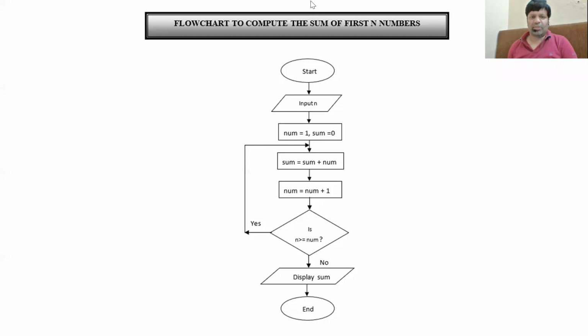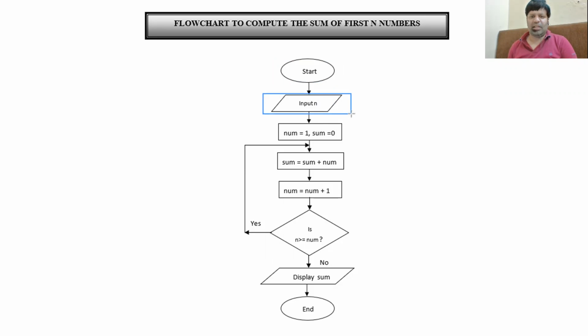So this symbol, as you can see, is available right at the top as an oval. So this is the first symbol that indicates that we are going to start. Once we process this, then using this flow line, we move towards the second symbol.